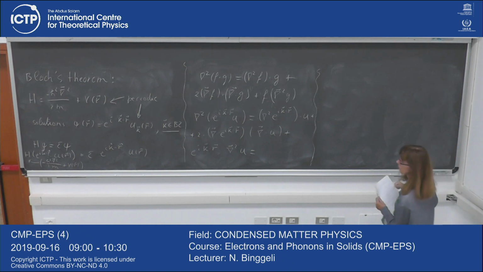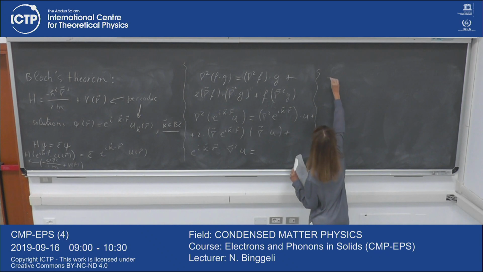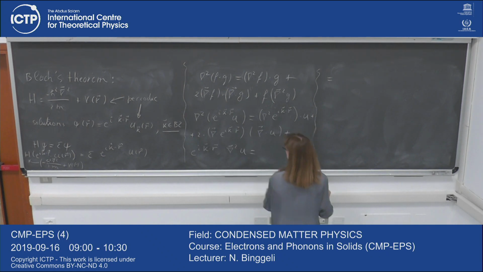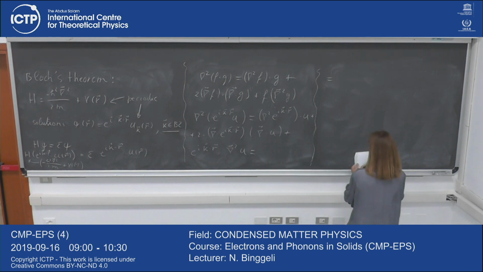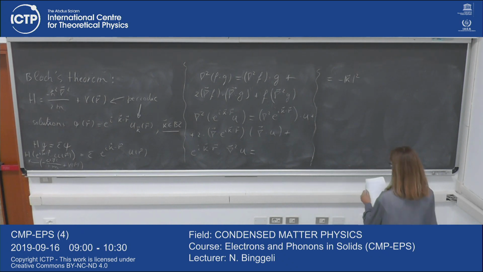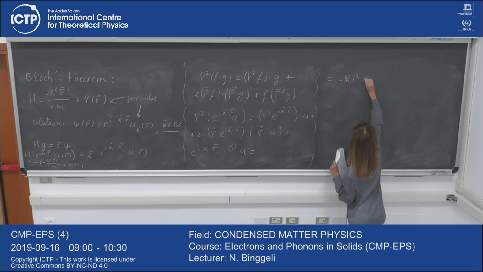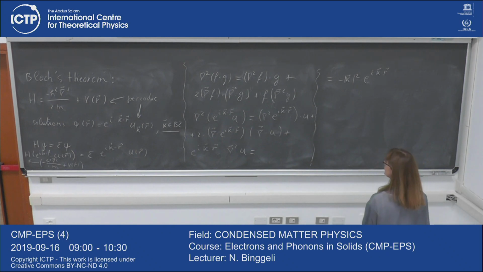Alright, so that's easy. When I apply this, I just obtain minus k square, and I have again my exponential here. It's an eigenstate of the derivative.